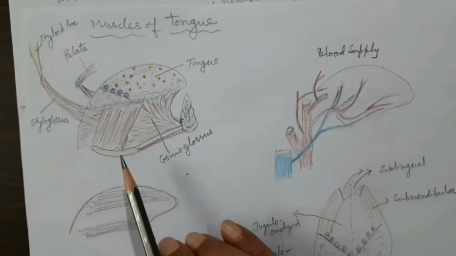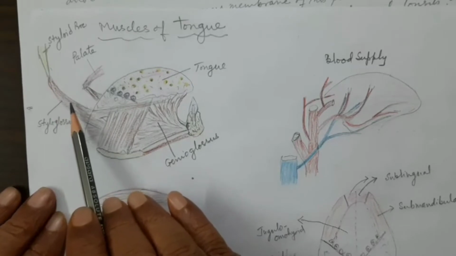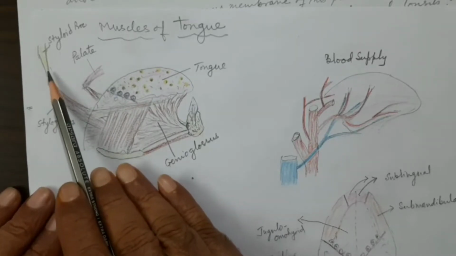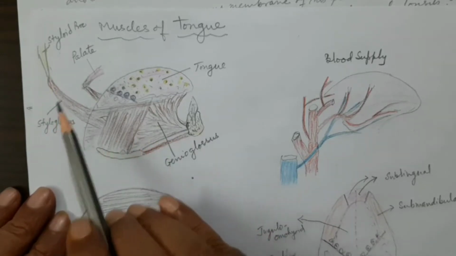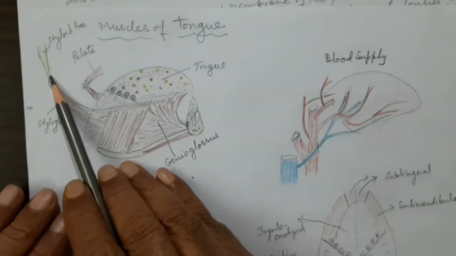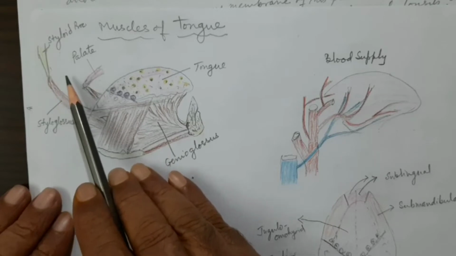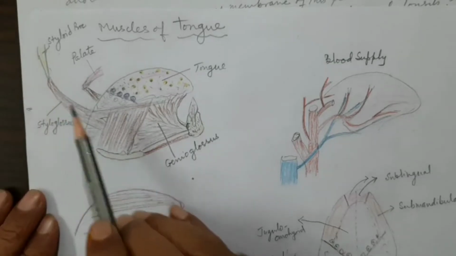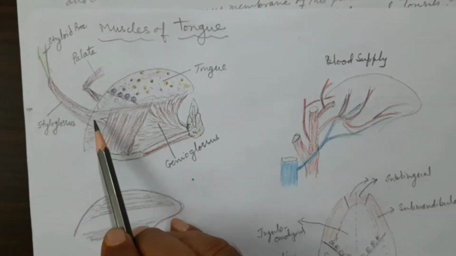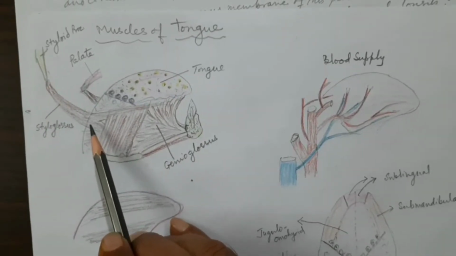Let's come to the third muscle, and that is the styloglossus, and it is called stylo because it takes origin from the styloid process. So from the tip of the styloid process and the adjacent part of the stylohyoid ligament. Fibers will run downwards and forwards.